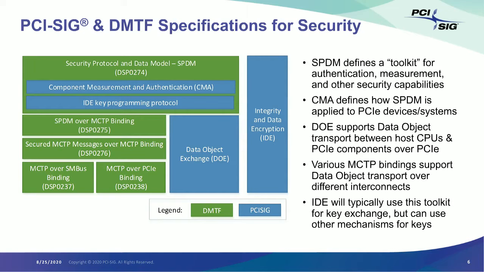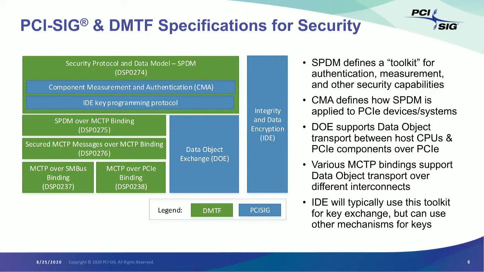And one of the things that I want to call your attention to is that many of these boxes are green, which is used to represent specifications that come from the DMTF. And the DMTF is another SIG, separate from PCI SIG.